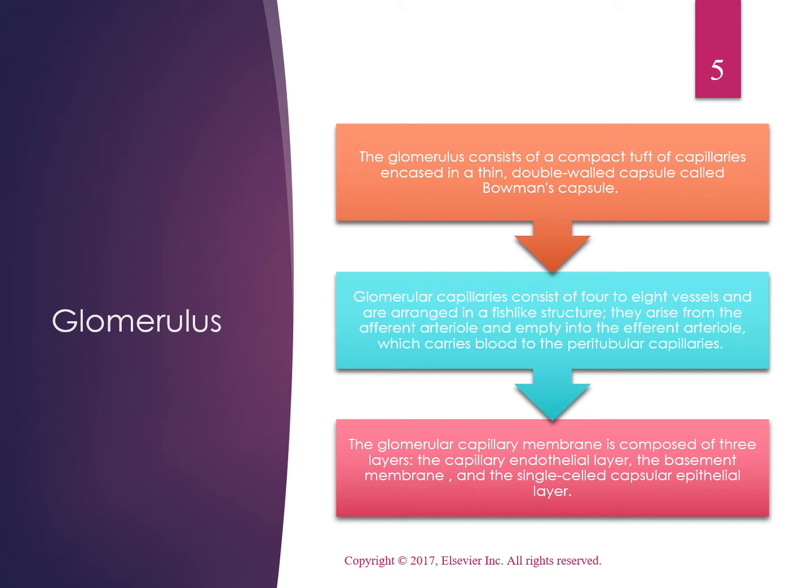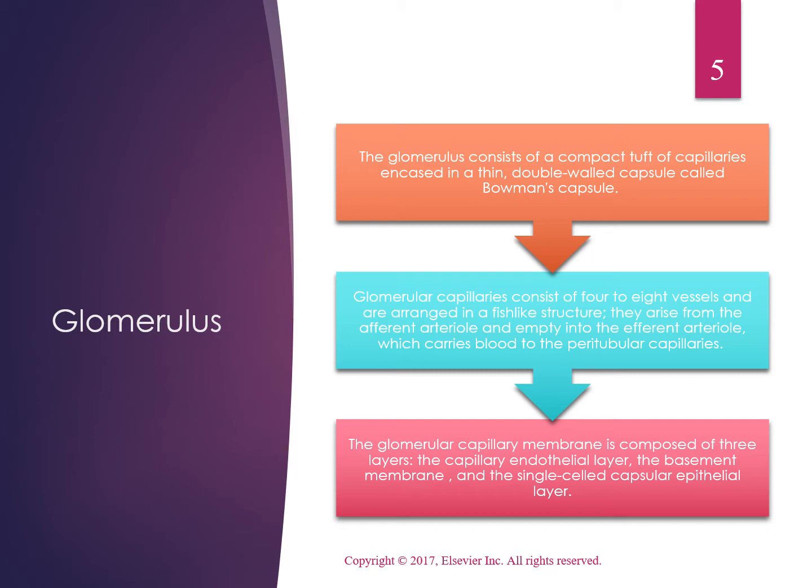It has these capillaries that consist of 4 to 8 vessels arranged in a fish-like structure, and they arise from the afferent arterioles and empty into the efferent arteriole, which carries blood into the peritubular capillaries.